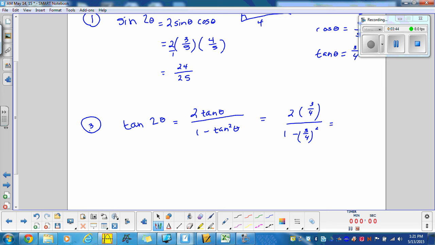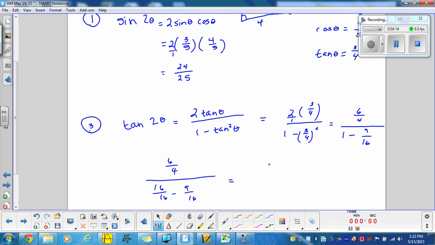So on the top, we're going to have 2 over 1. So that's 6/4. And on the bottom, it's going to be 1 minus, remember when you square this, you square the top and the bottom, 9/16. So 6/4 over 16/16 minus 9/16.